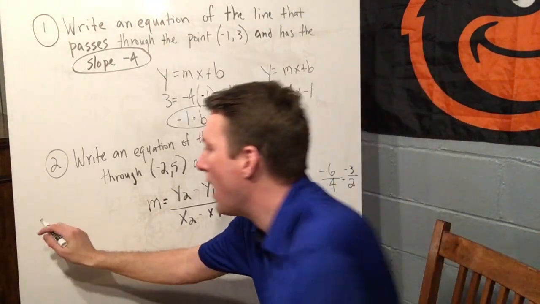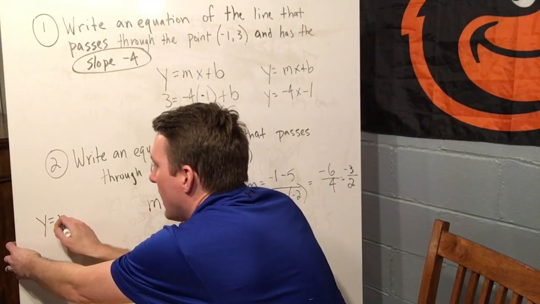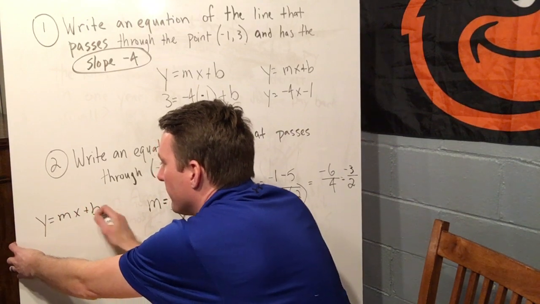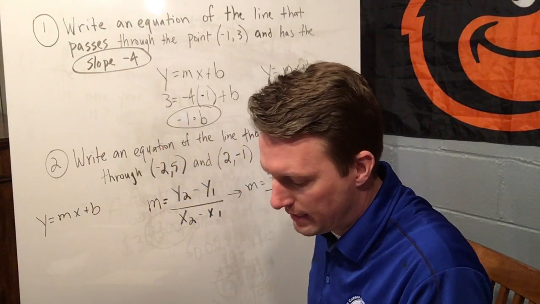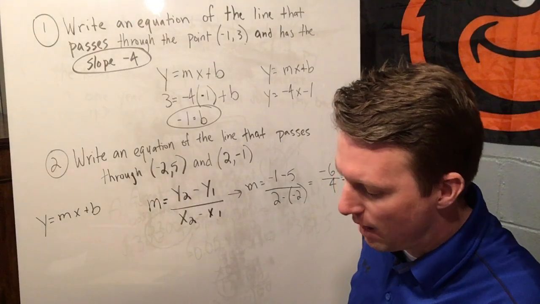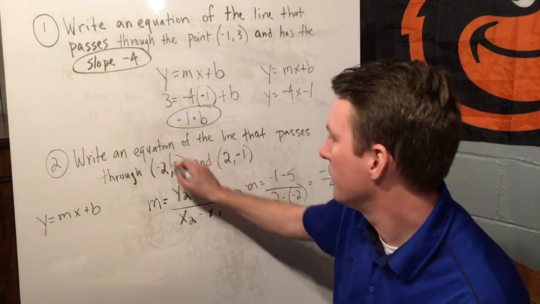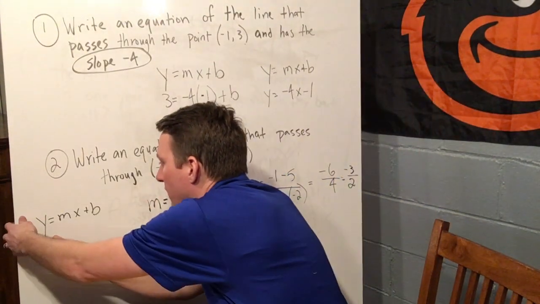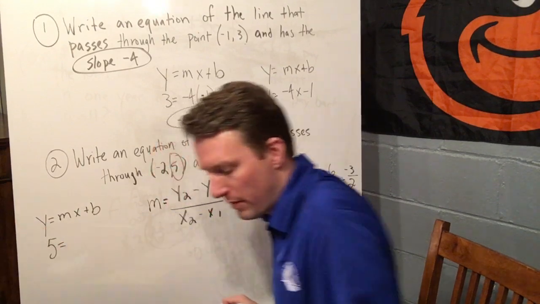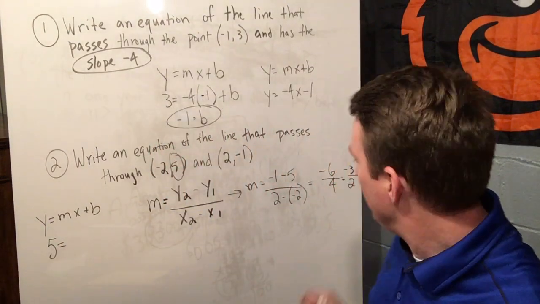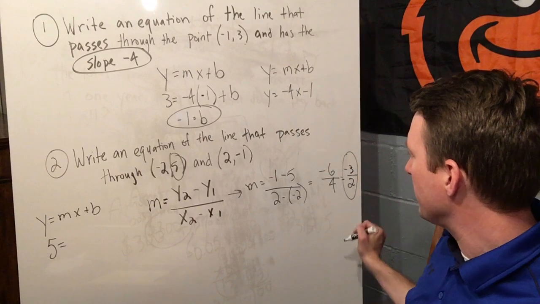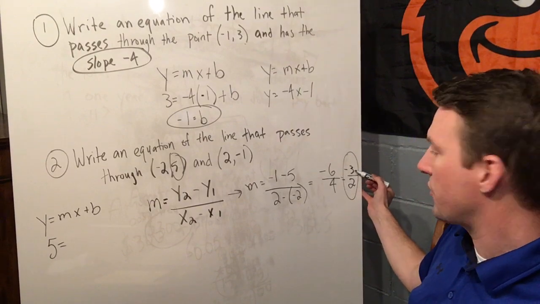We take y equals mx plus b. And what we can do is we can plug in our 5 from here, y equals 5. And we can plug in m. M is the slope that we found from our slope-intercept form, -3 over 2.